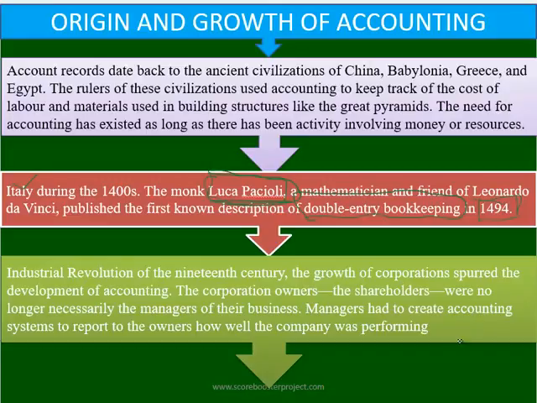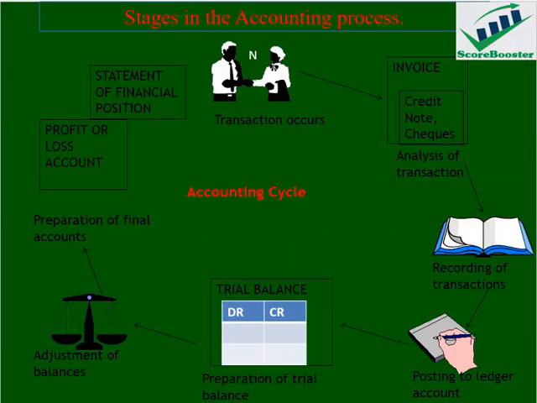But we must know that the managers of the company, mostly in a joint stock business, are the ones responsible for the preparation of accounts, and the owners of the business will receive the report of stewardship from them. So as I said, the major component of this history I want us to take note of is the issue of Luca Pacioli.